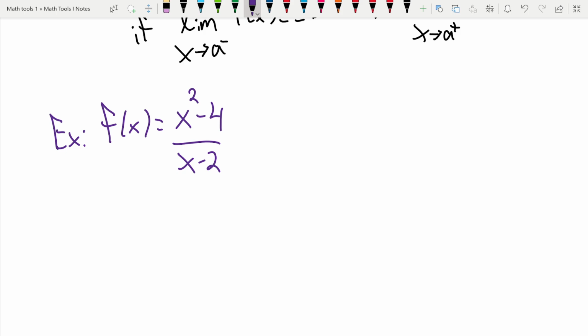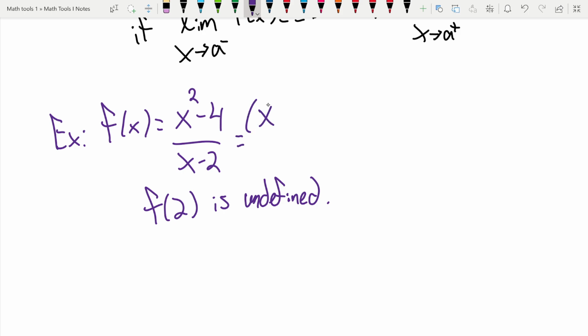So x squared minus 4 divided by x minus 2. So at 2, this function is going to be discontinuous because f of 2 is undefined, right? But notice that if we do a little algebra here, this is x minus 2 times x plus 2 on the top, x minus 2 on the bottom.